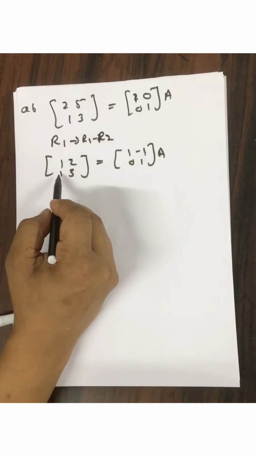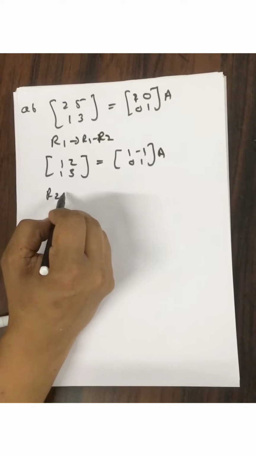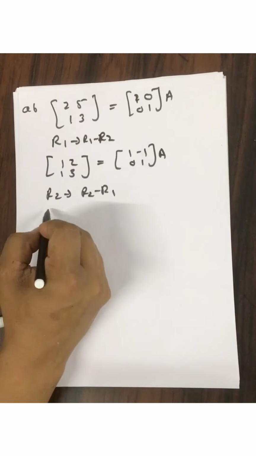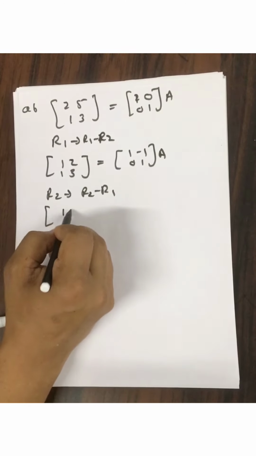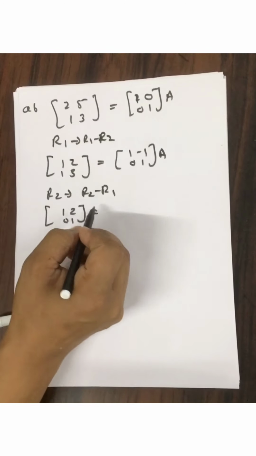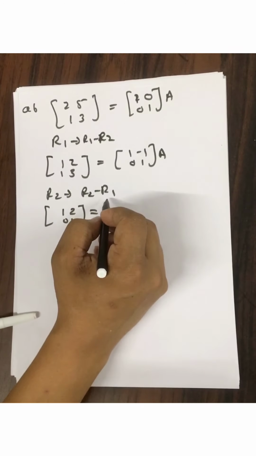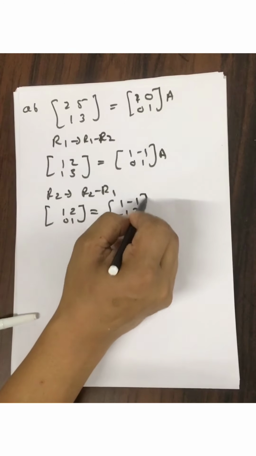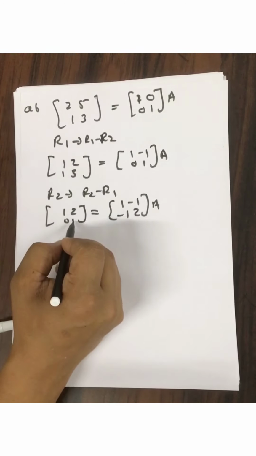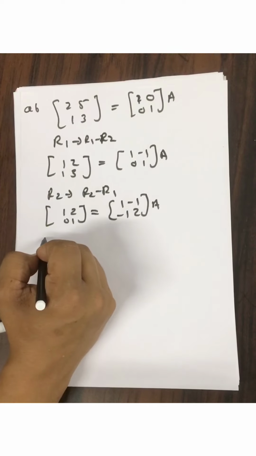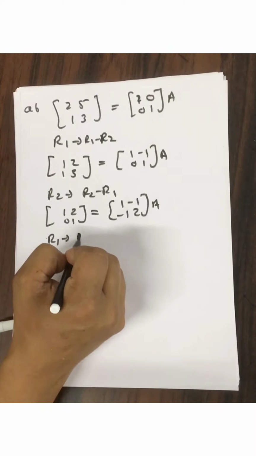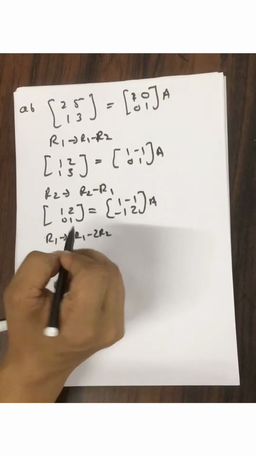Next step, this 0. How to get this 0? R2 minus R1. So this will become 1, 2, 0, 1 equals 1, minus 1 and 2 into A. Now we have to get rid of this 2. So in R1 we can do R1 minus 2 R2.